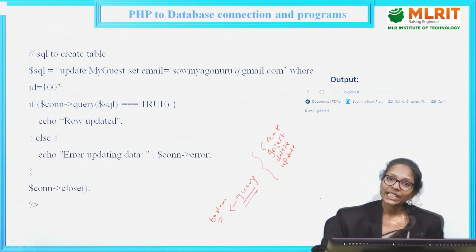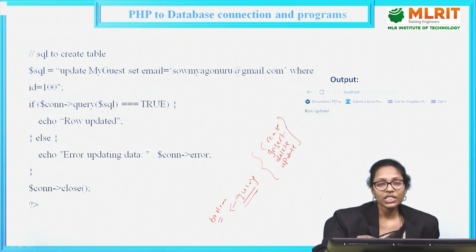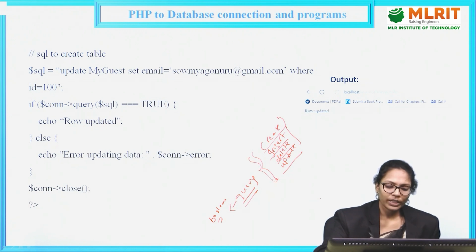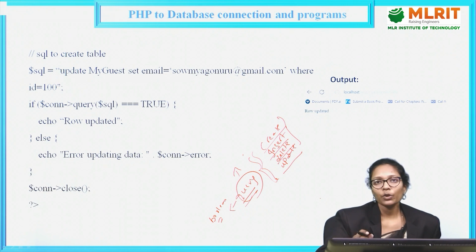Even in the database, for all these operations, we don't get any particular output. If I try to create a table, I'll get the message created table; inserting, inserted successfully; deleted successfully; updated successfully. But I don't get any proper output. So that's why, while executing these queries, the query function returns a boolean value, either true or false, whether you have executed the query successfully or not. If it is successful, it will return true, otherwise false.